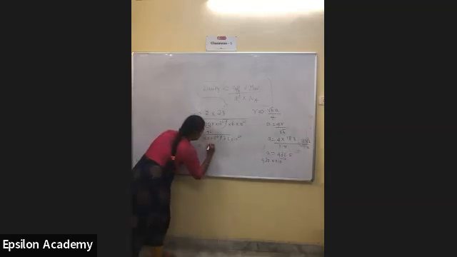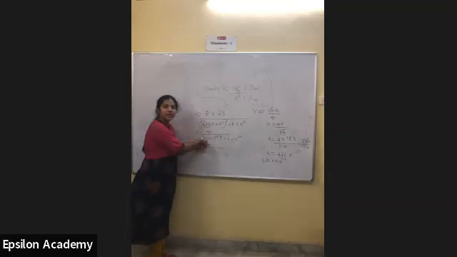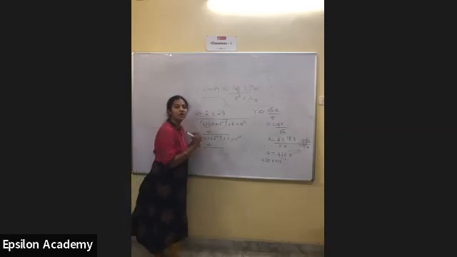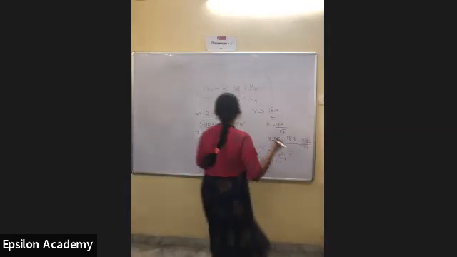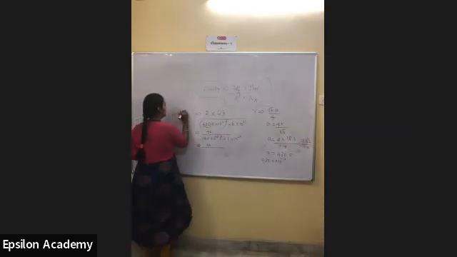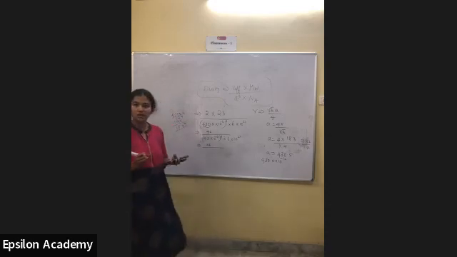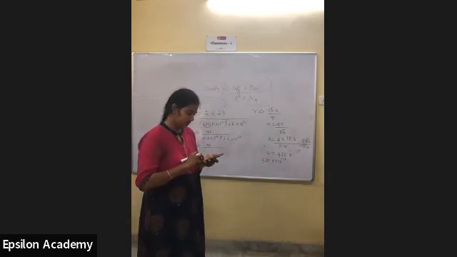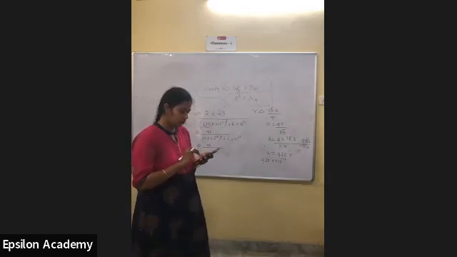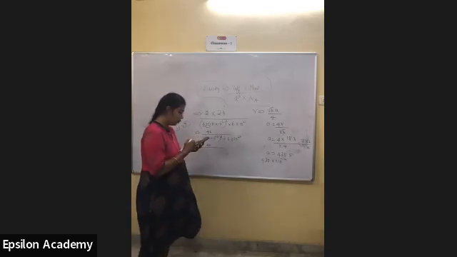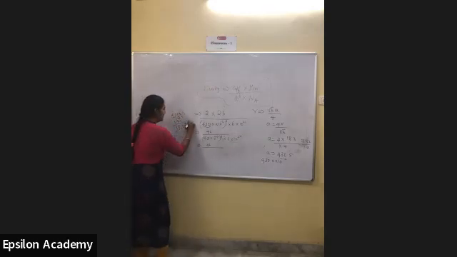Now 46 divided by 4.3 into 4.3 into 4.3. 4.3 into 4.3, it should be 18.49, right?